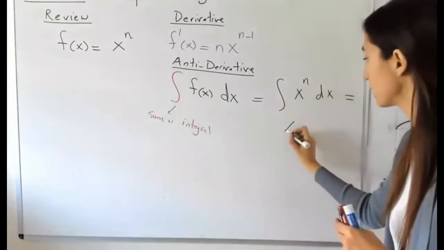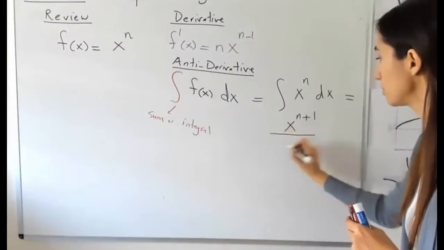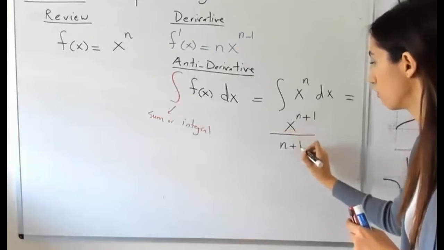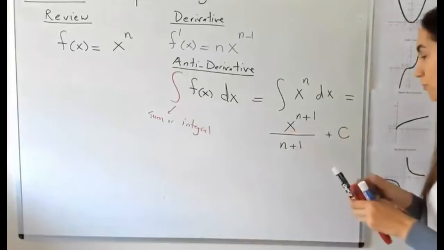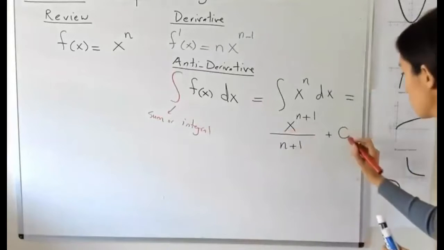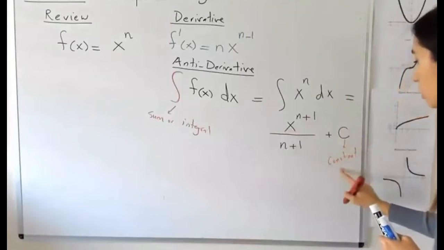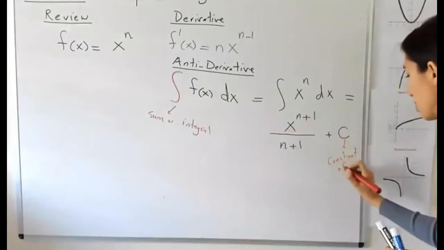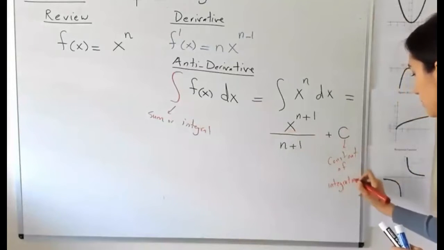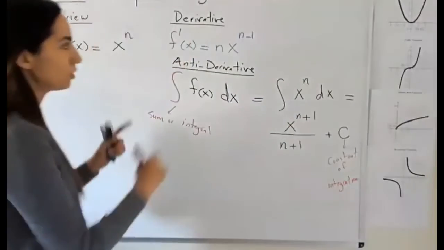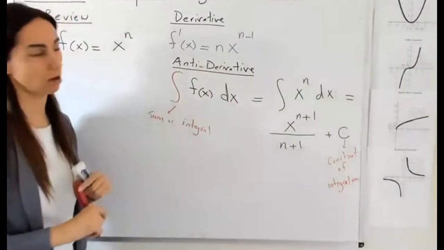This is x raised to n plus 1 divided by n plus 1. Plus, you add a constant of integration to this definition. So this is just a constant, and you call it the constant of integration. So look at the difference between the derivative and antiderivative or the integral of the function.